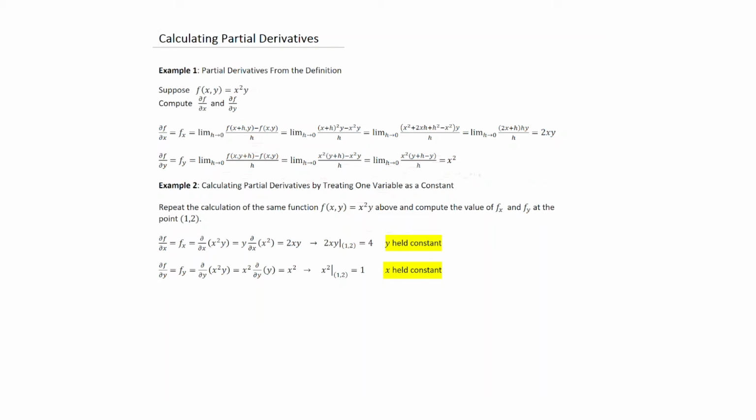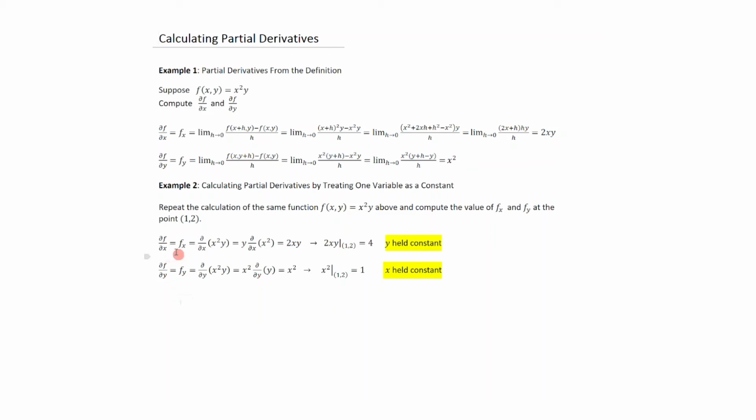All right, this may be necessary in some cases to do, but in most cases, if you're dealing with perfectly analytical functions, then we can calculate partial derivatives by treating one of the variables as a constant. So just use all the rules that you applied last year when you're taking derivatives.